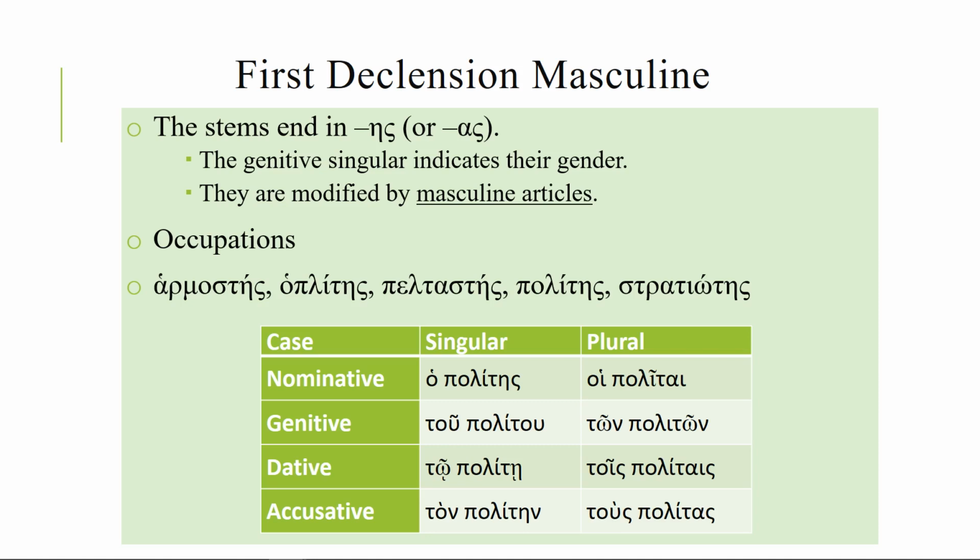Polites, a citizen, derived from the word polis, city. And stratiotes is a soldier. We're getting a lot of these words with the strat base, like from strategy. And that strat base always is a military prefix. So this should get you started on the first declension.